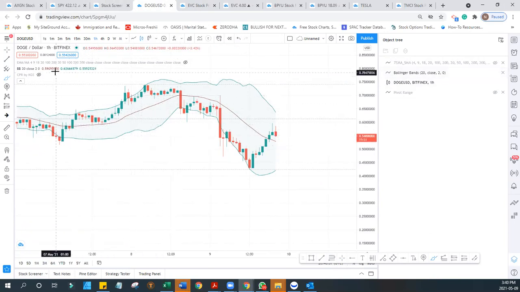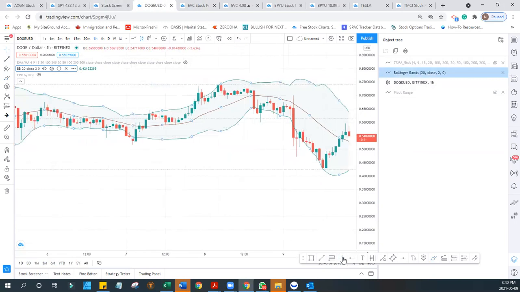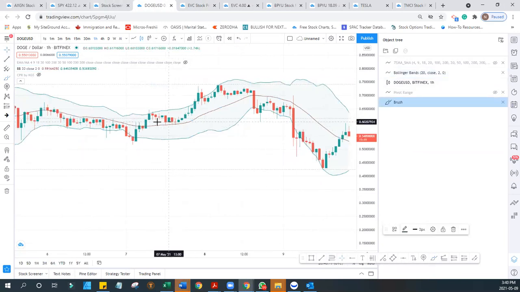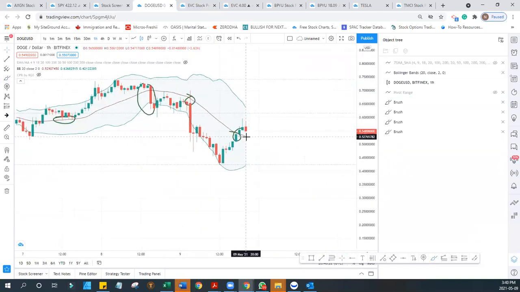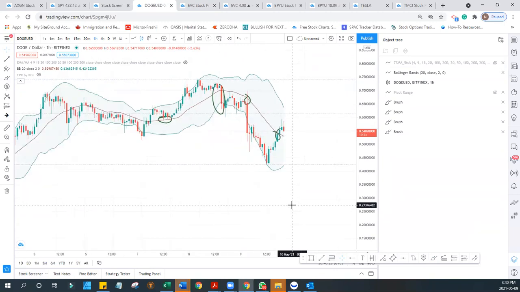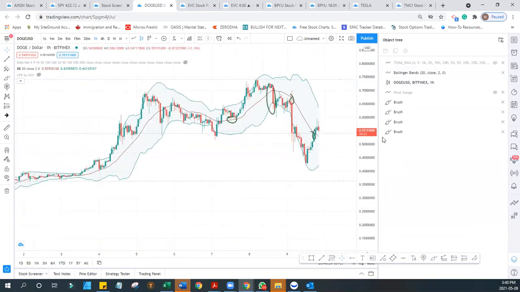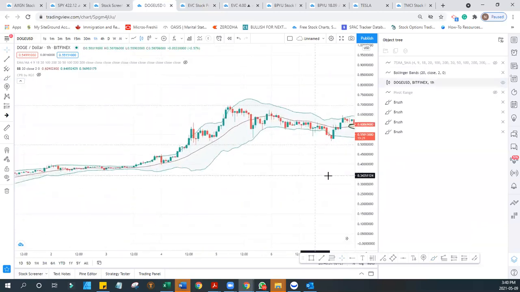Like if you see here on this crypto as well, it worked as a good support. Once it broke with good volume, it's now acting as a resistance. So if the crypto doesn't sustain this level, it will fall. It will always help us as a good support and resistance level, no matter what.